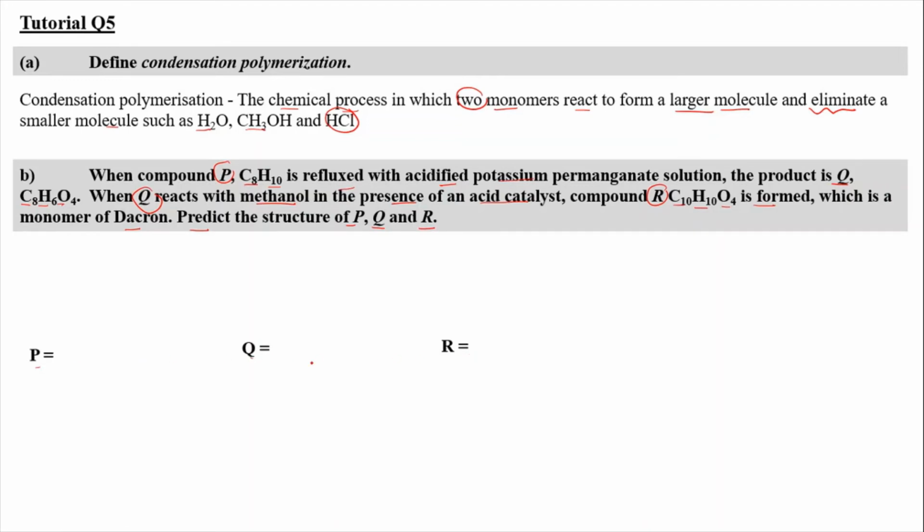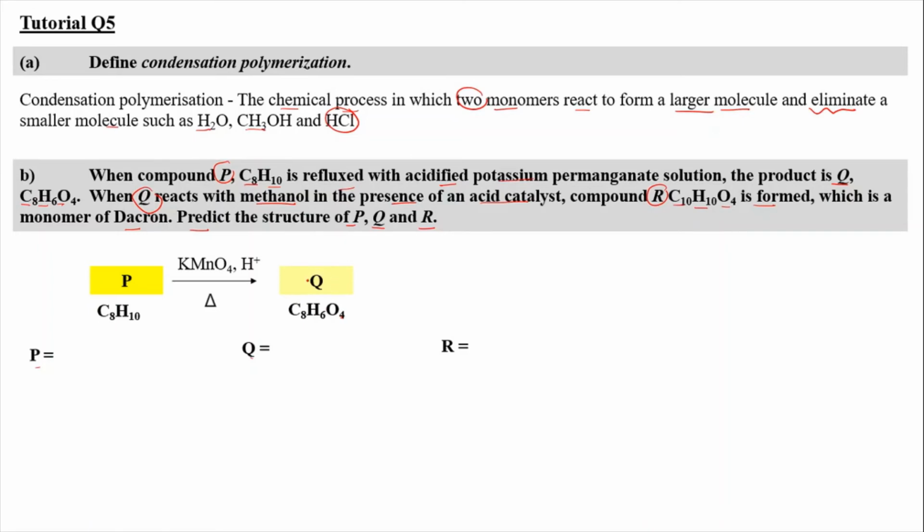As I have taught you before, we need to come up with our planning or an idea first. So let us read the question again. When a compound P, with a molecular formula of C8H10, is refluxed with acidified permanganate solution, which is KMnO4 under acidified conditions at high temperature, we produce compound Q, which has a molecular formula of C8H6O4.